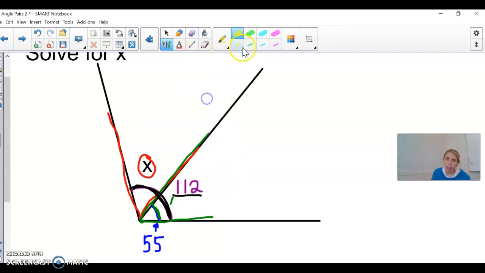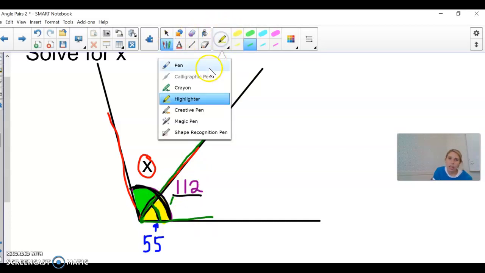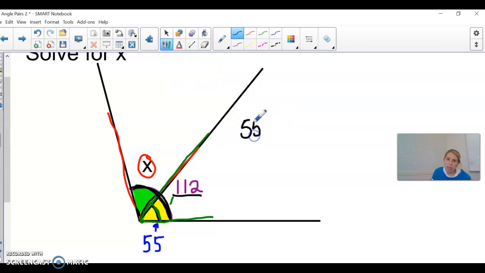What it looks like is this part right here is 55 degrees of this angle. So we're trying to figure out, what is this missing green part that's left? If the yellow piece is 55, then we're going to add, because we're combining those two pieces together, the x part to it, and we know that both green and yellow combined have to equal 112.